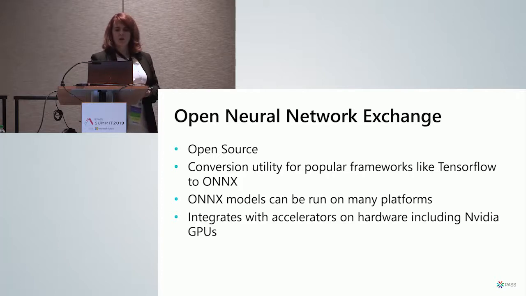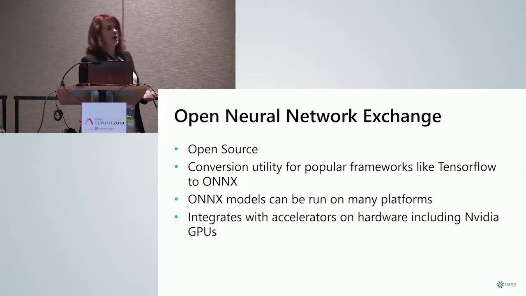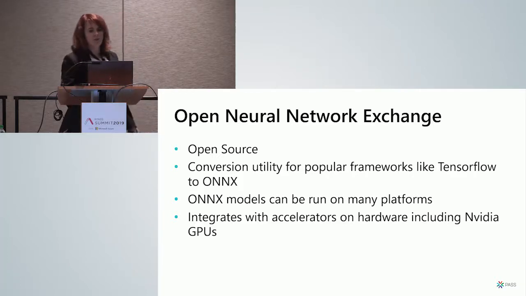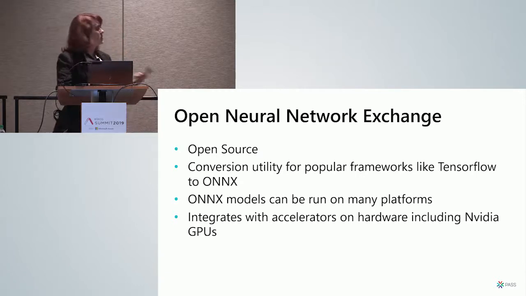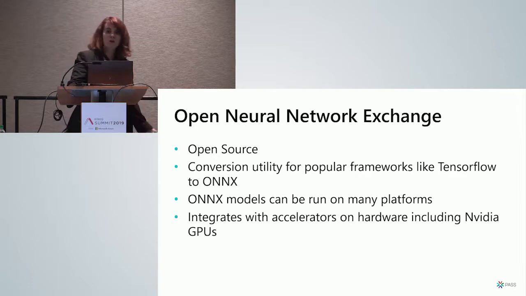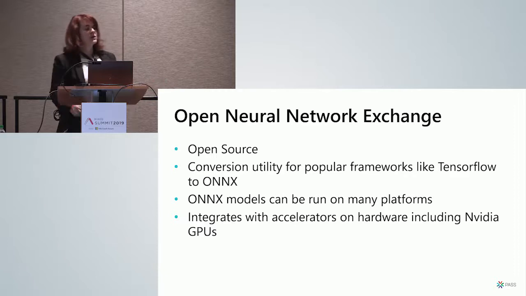So if you want your code to run on Linux, fine. If you deploy with ONNX, you can. You can run it on Microsoft's cloud. You can run it on Amazon's cloud because they support it. So that way you can encapsulate TensorFlow or whatever you want to. But if you encapsulate within ONNX, then you can run it anywhere.